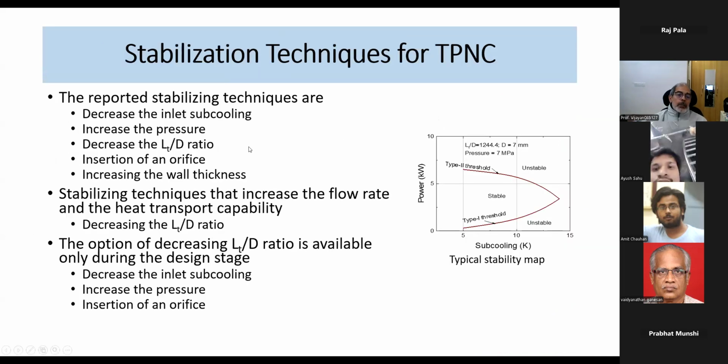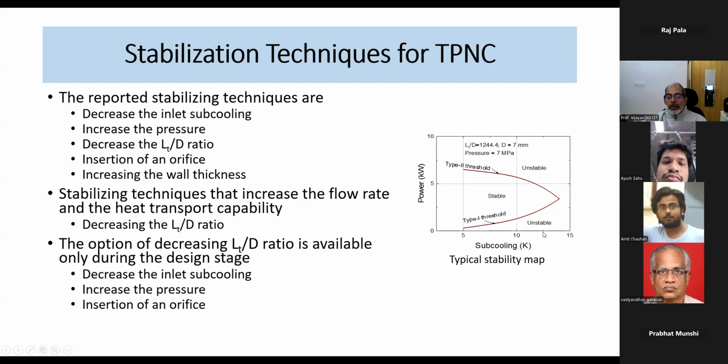So if you look at the stabilization techniques for two-phase natural circulation, one of them is subcooling. Subcooling is inlet subcooling they talk about. That is, the entry to the heater is normally a subcooled liquid, and it is Tsat minus T, that is inlet subcooling.